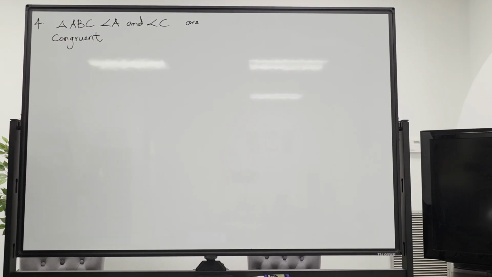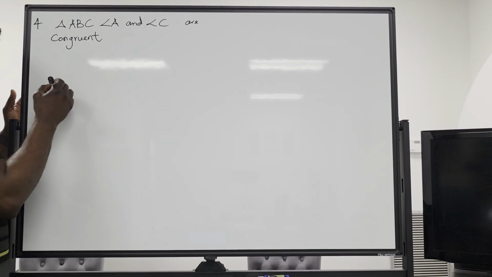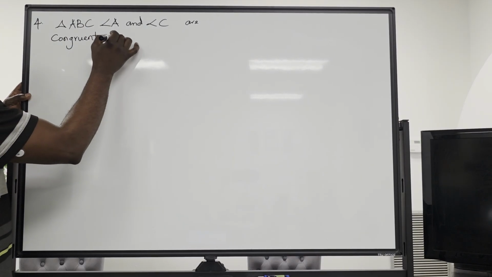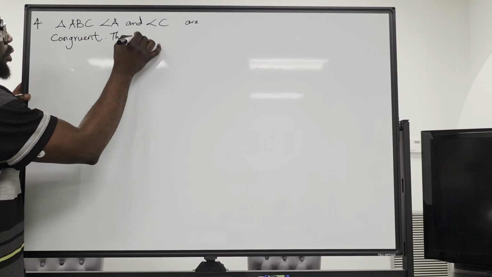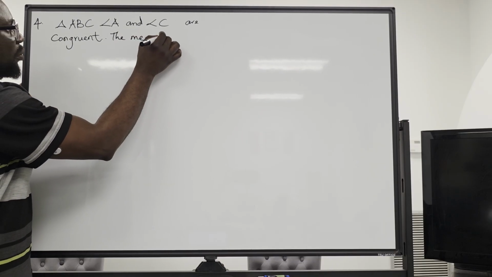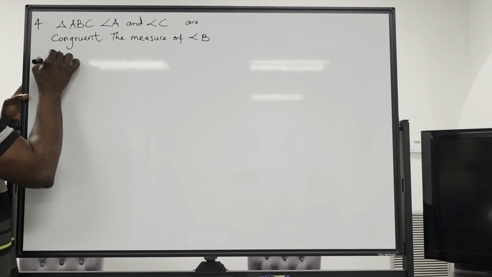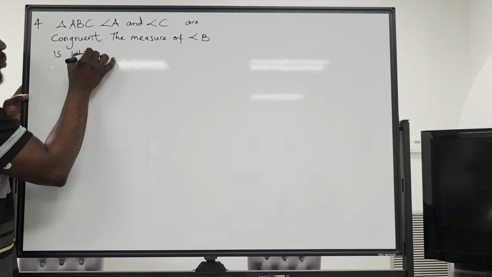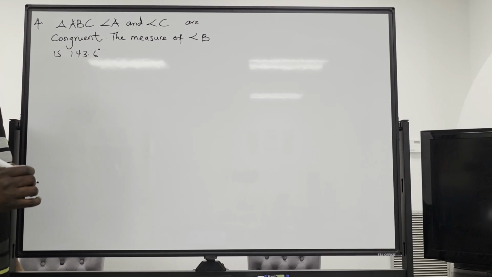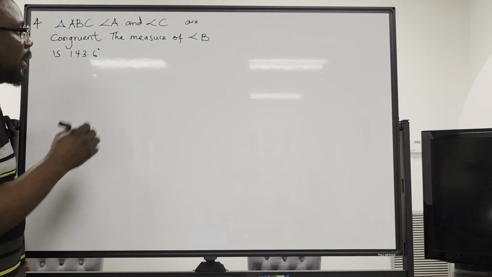Okay? And the measure of angle B is 143.6 degrees. What is the measure of angle A?